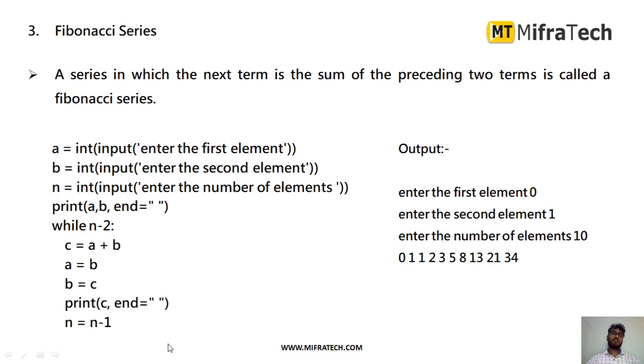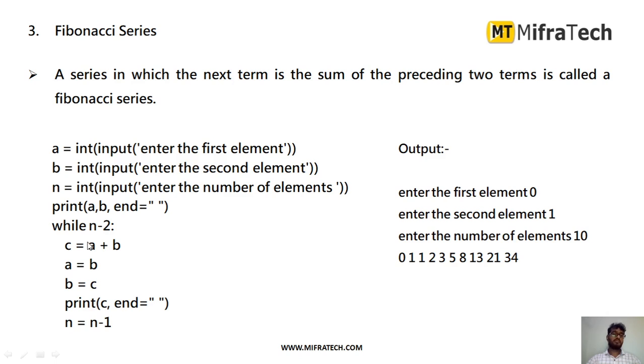So after executing my program, my output will be like, first it will ask to enter the first element. After the user entered it, here I entered 0, and after that it will ask to enter the second element, I have entered 1. After that it will ask the user to enter the number of elements required in the series, I have entered 10. So as I told, 10 minus 2, first it will print two elements, as you can see in the output, 0 and 1.